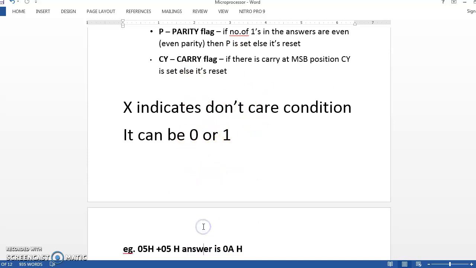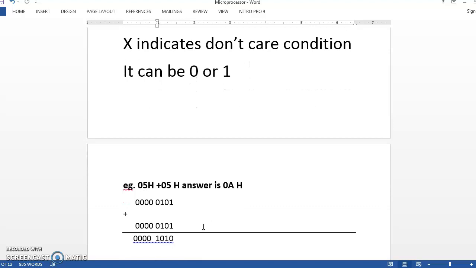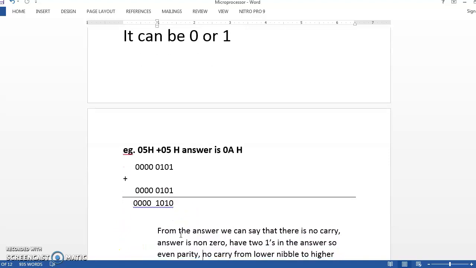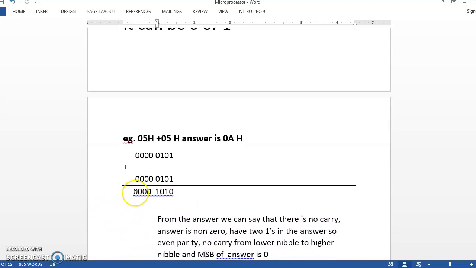I will take an example to tell you what the flag register is and how it is affected. Now suppose I am adding 5 and 5. It is a hexadecimal addition. So I will get the answer as 0A. Now if you see, the MSB of the answer is 0. The answer is not 0. There are even number of ones. There are 2 ones, right? So even number of ones, so even parity. There is no carry at the MSB level.